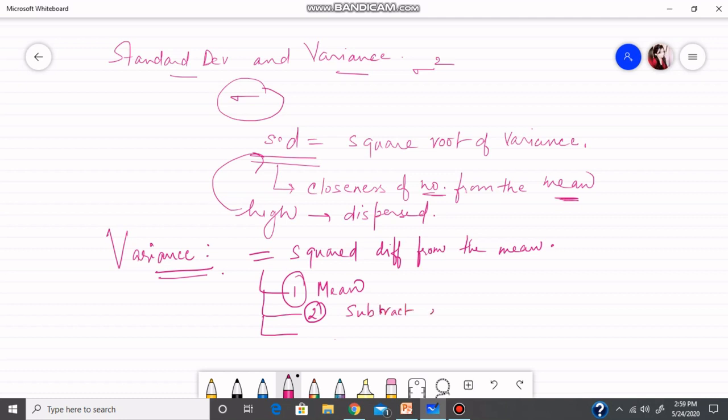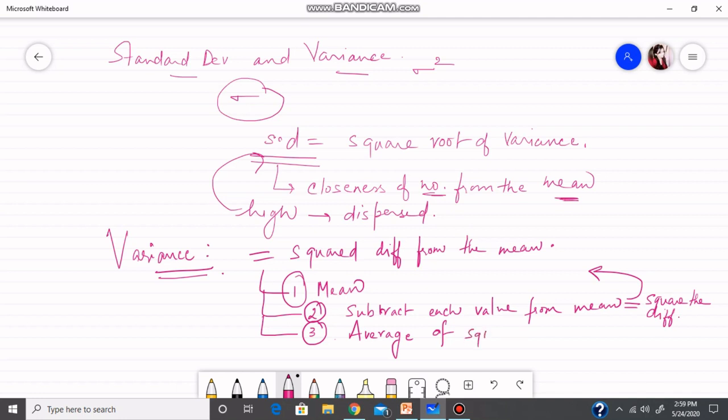So subtract each value from the mean, this mean we found in the first step, and then whatever result we are getting, we need to square the difference. So we'll get the squared difference. Now coming to the third part, we need to work out the average of those squared differences that we gained in the second step. So the third and the last step is that we need to find out the average of the squared difference values.